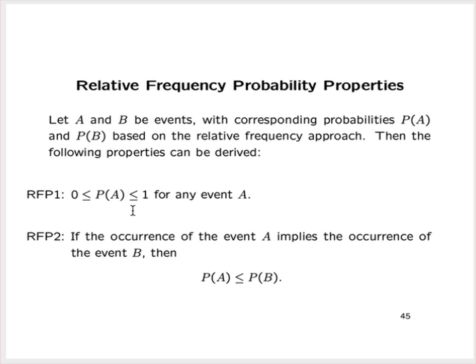Now that may seem like it's obvious and that it ought to be true, and that's good. When we think about classical probabilities, whenever you have calculated a classical probability in previous courses, you always got probabilities that were between 0 and 1, as long as you did the calculation correctly, right?